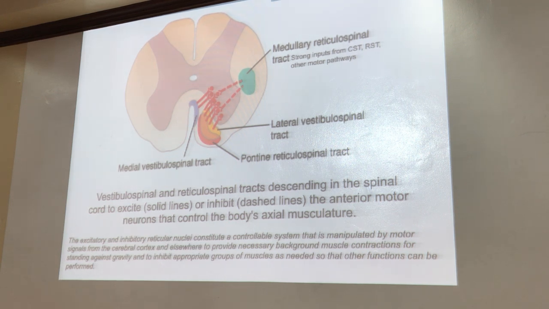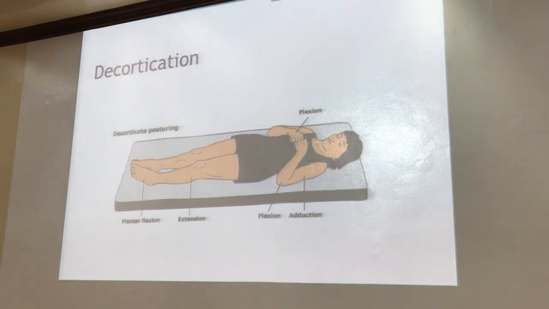But if pagdating mo, upo ka na, yung anti-gravity muscles mo would be partly inhibited. This could be through the medullary reticulospinal tract. Okay? So, ito na. So this is going back to the position. This is decortication.